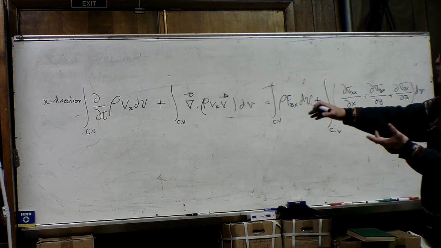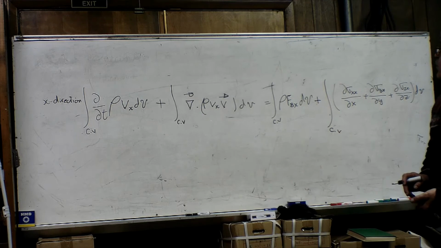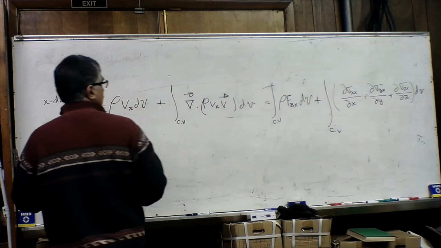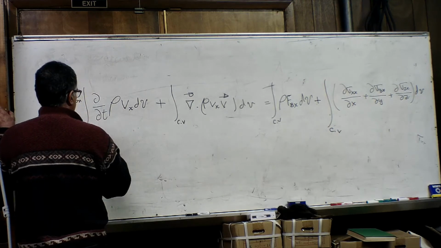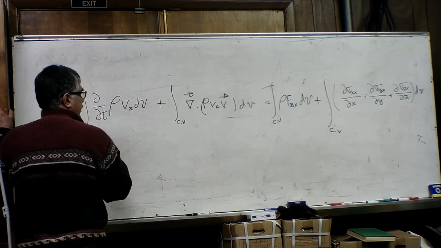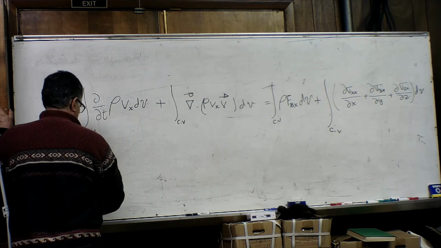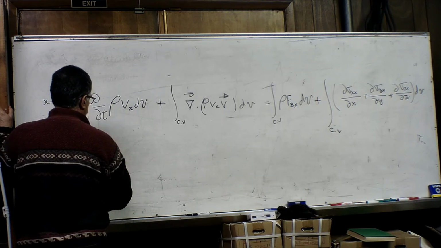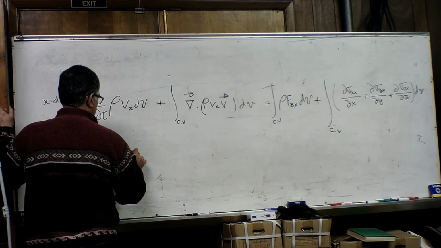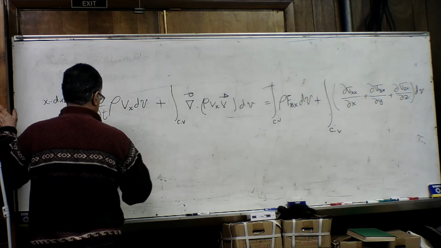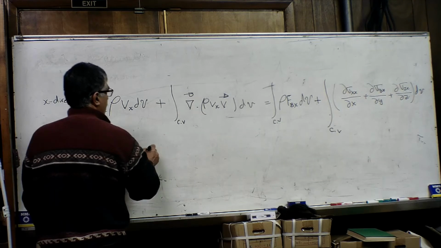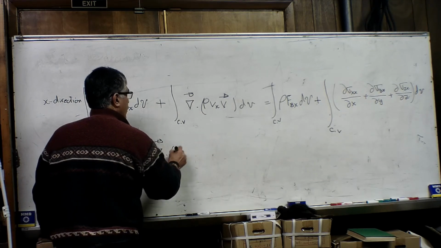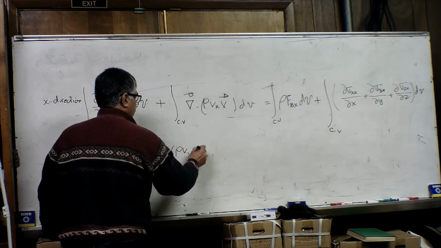So to solve this equation, let's go ahead and rewrite this equation as the integral over the control volume of the partial derivative with respect to time of rho vx plus del dot rho vx v.